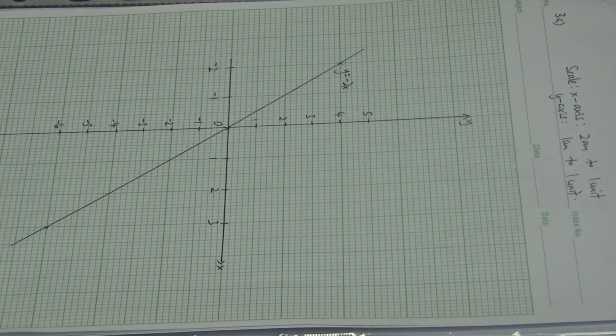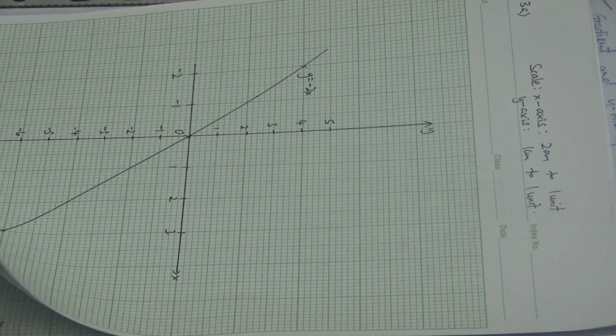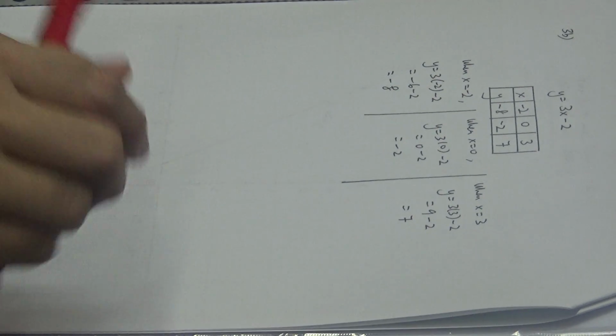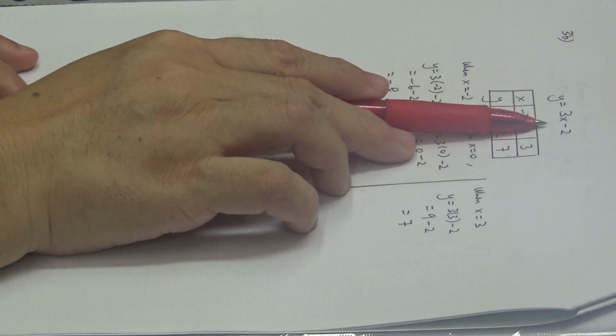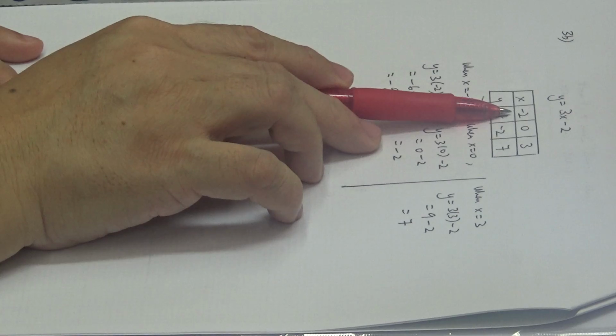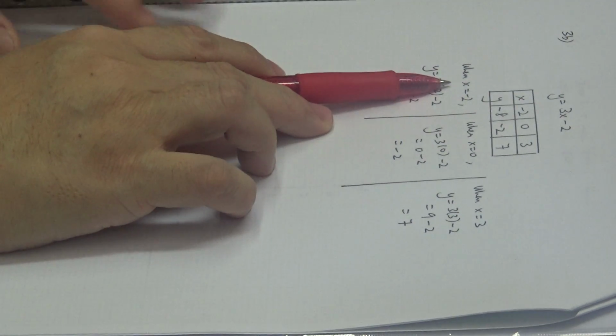Next I'm moving on to question 3B, which is the equation y equals 3x minus 2. Likewise, I will choose -2, 0 and 3, and I will do the necessary substitution.